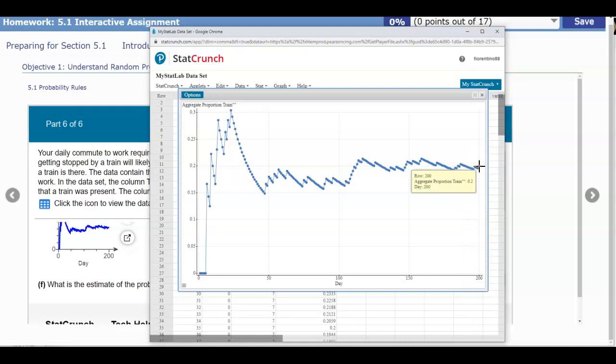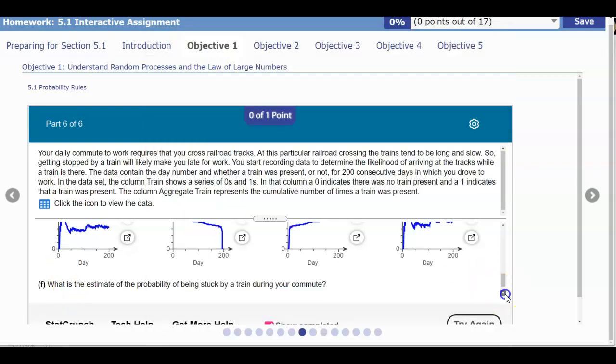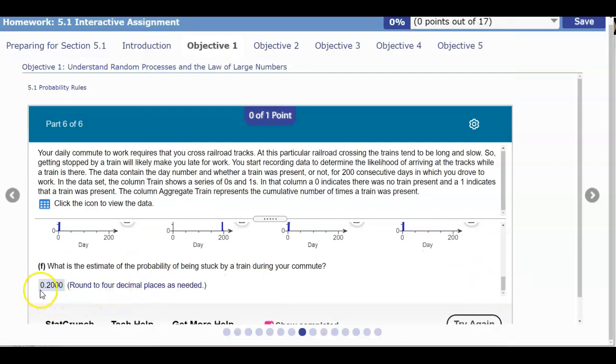At row 200, the proportion is 0.2. When we highlight it on our graph in StatCrunch, we see that the answer is 0.2. That represents the estimate. So 0.2000 is the estimated probability, again from the graph.